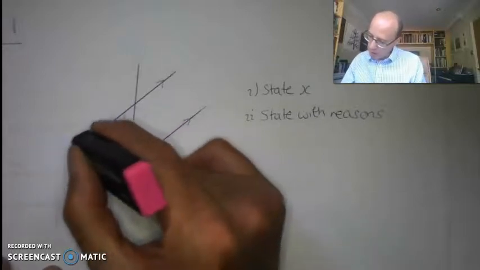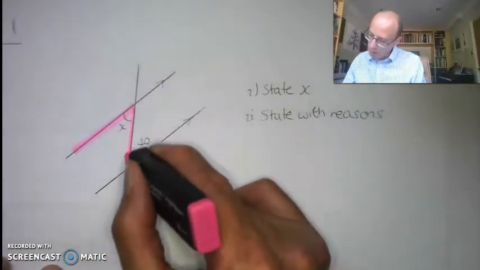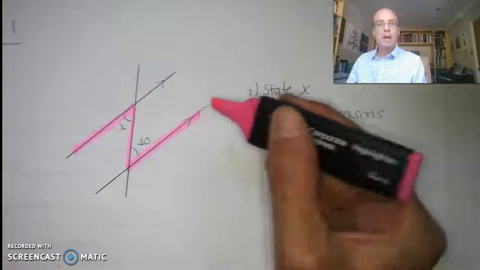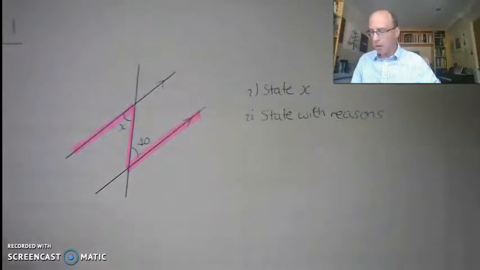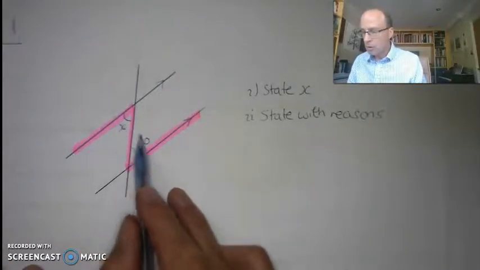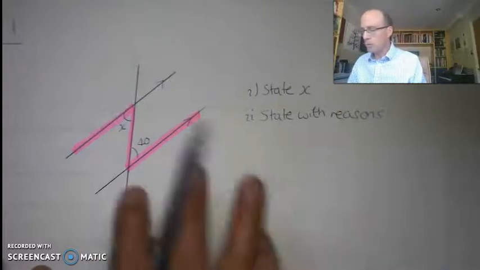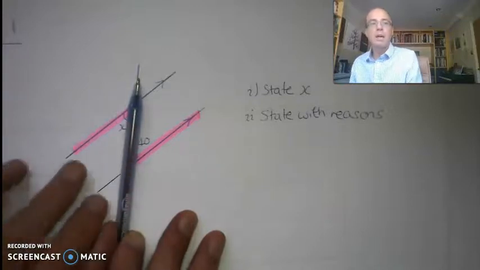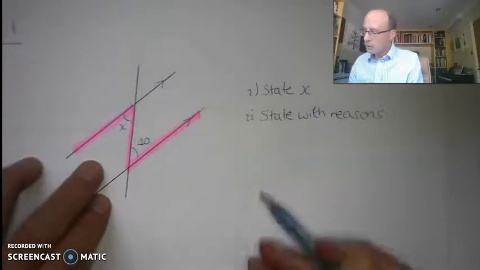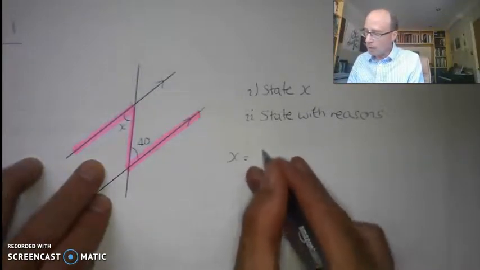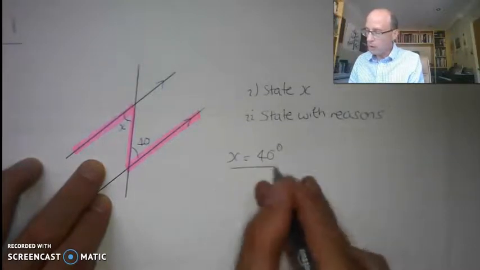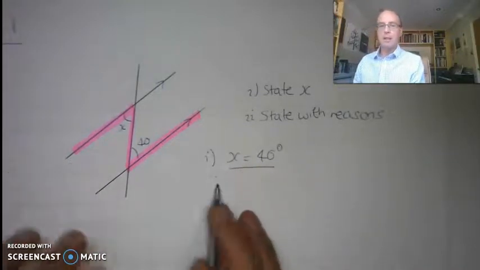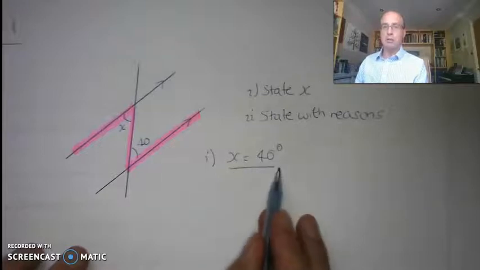I think I've got a Z shape in here, and so I think I've got alternate angles. So I put my pen in place, opposite sides, one at the top, one at the bottom, alternate angles. So I think that my value of X is equal to 40 degrees. So if I'm lucky, that's what I need to write down. X is equal to 40.